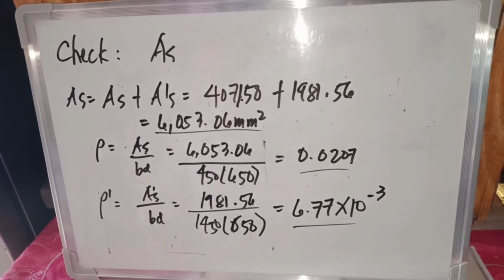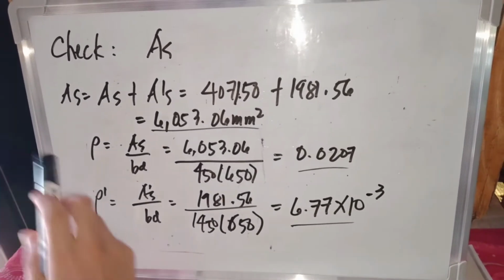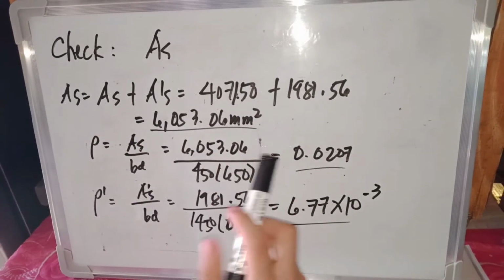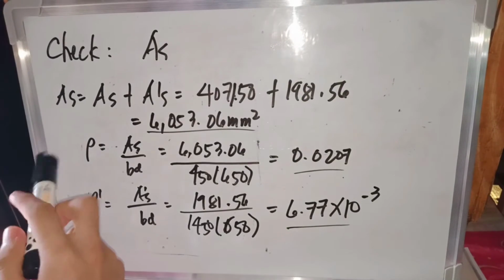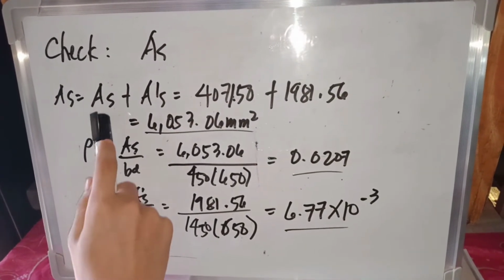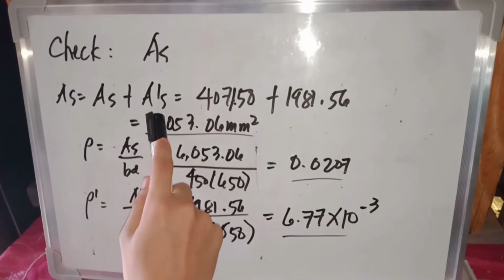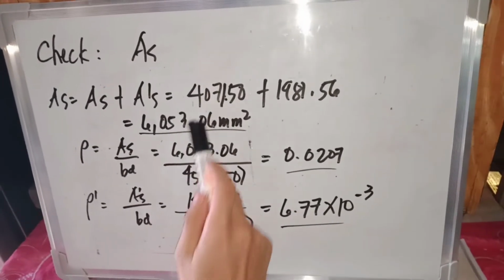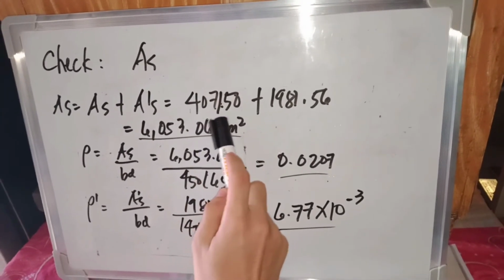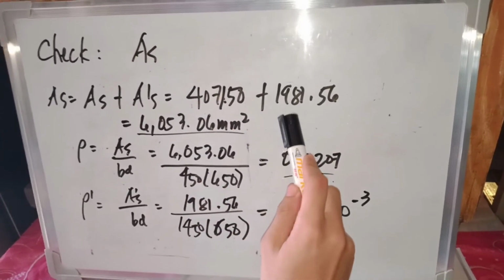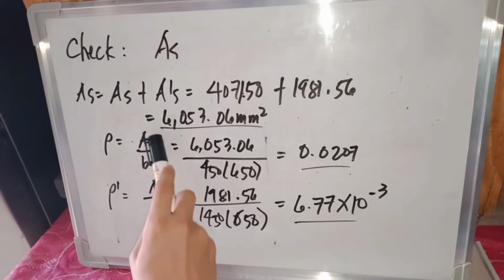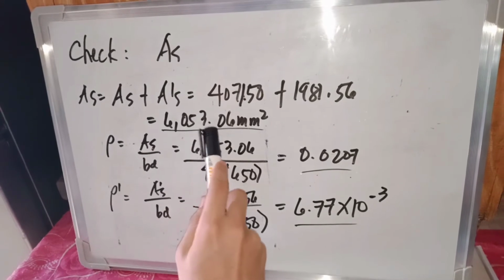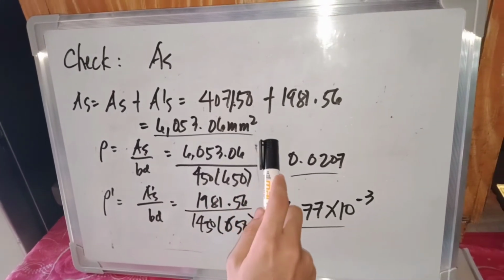The next thing that we need to do is to check the maximum permissible area in order to ensure ductile failure. With this formula, we can determine if we can ensure the ductile failure. So AS is equal to AS plus A prime S, which is 4071.50 plus 1,981.56, resulting in 6,053.06 mm squared.